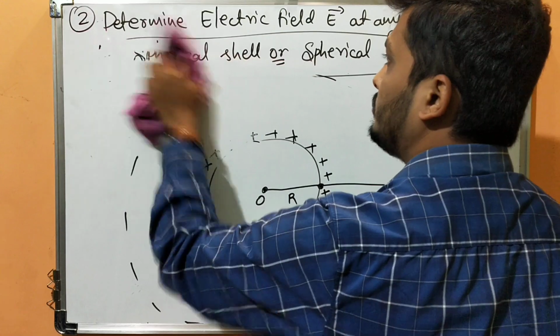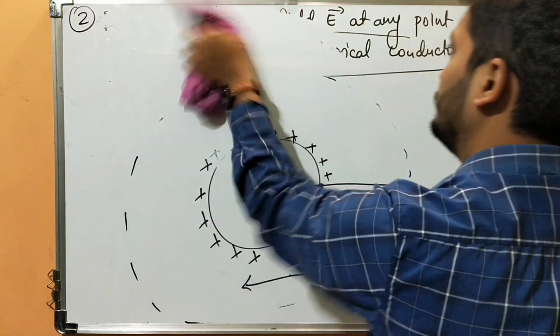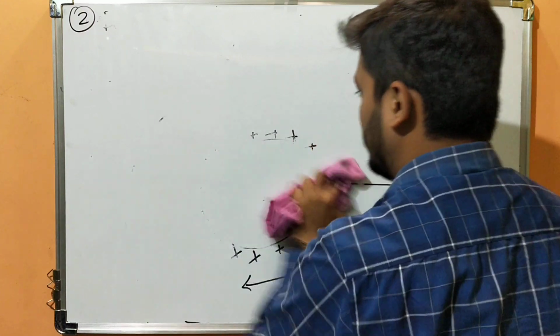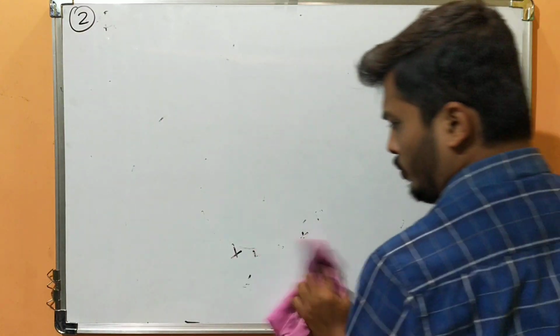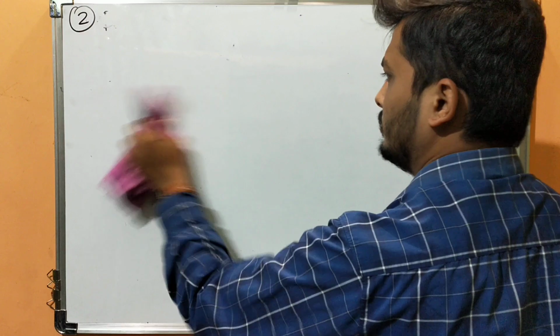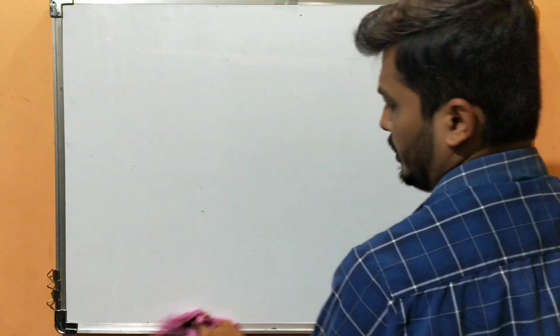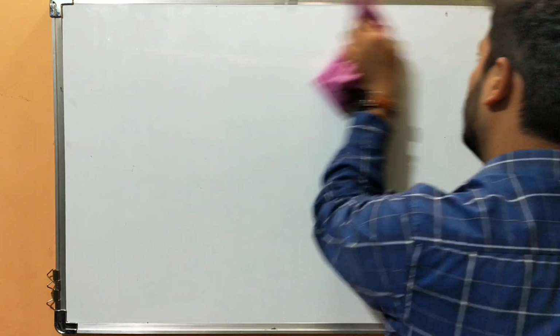Shall I erase this also, so that we can utilize maximum space for writing? Did you understand what exactly we are finding? We are finding the electric field due to a spherical conductor in three different cases.